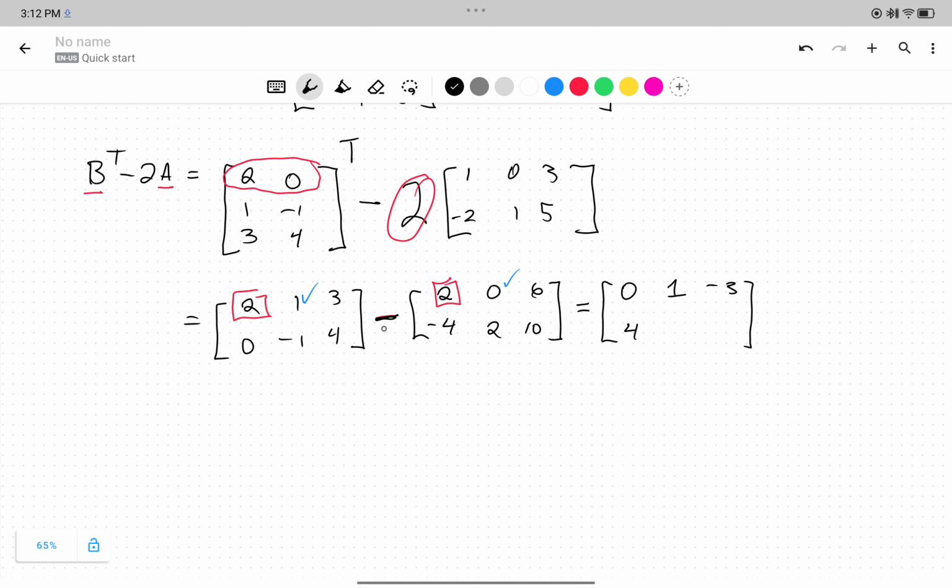Negative 1 minus a 2. That's a negative 1 and a negative 2 is negative 3. And the last one, 4 minus 10 is negative 6. Okay.